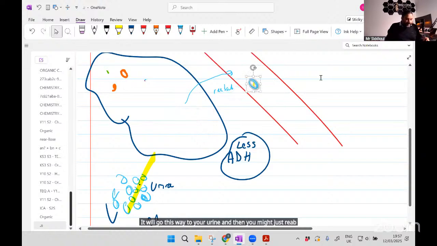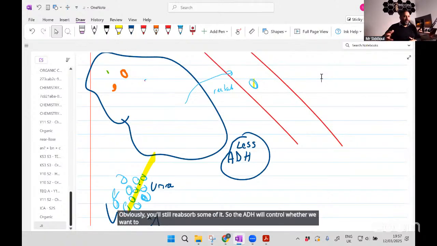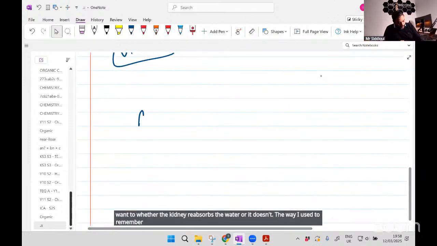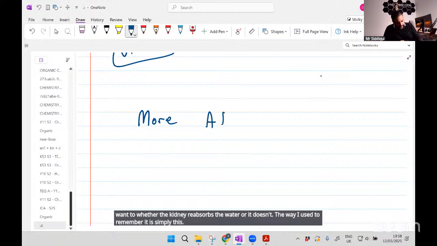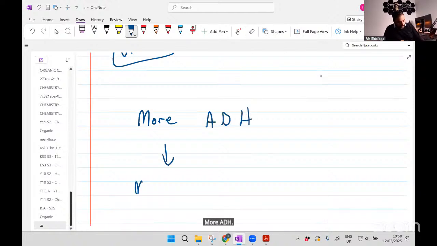You see what I mean? Obviously, you'll still reabsorb some of it. So the ADH will control whether the kidney reabsorbs the water or it doesn't. And the way I used to remember it is simply this: more ADH means more water reabsorbed. So more and more.